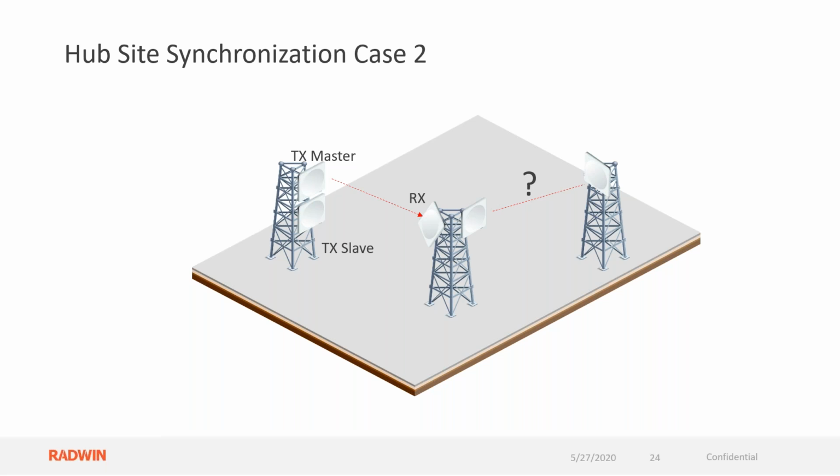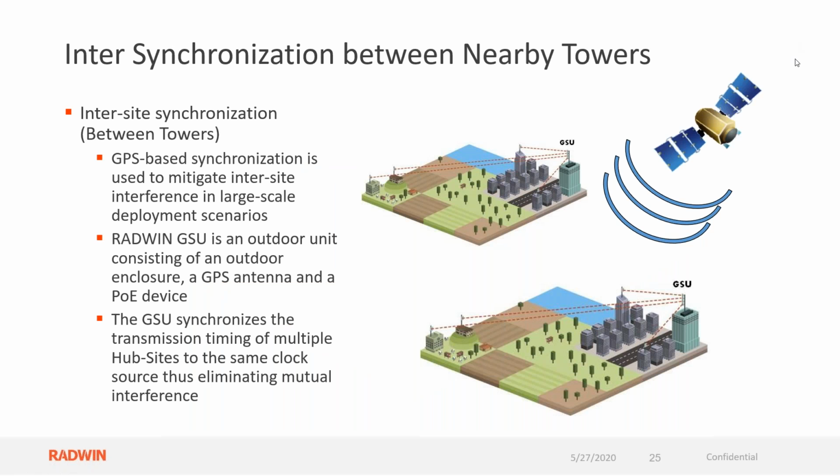I want to determine the clock, whether it transmits or receives on the same deployment. How do I do it? The solution for this is external or integrated GPS.